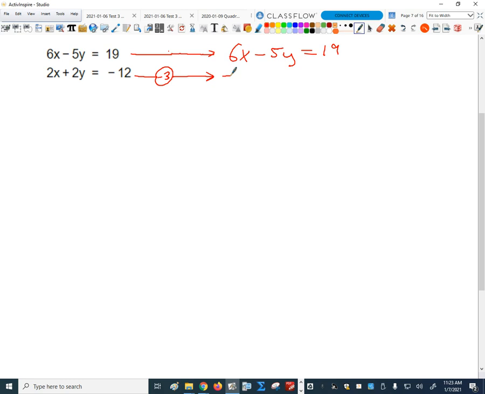So that's going to give me a negative 6x minus 6y equals positive 36. And look, now that works, doesn't it? Then the x's cancel, and I get negative 11y equals 55. And you guys could all take it from there, right? Solve for y and plug it back in, okay?